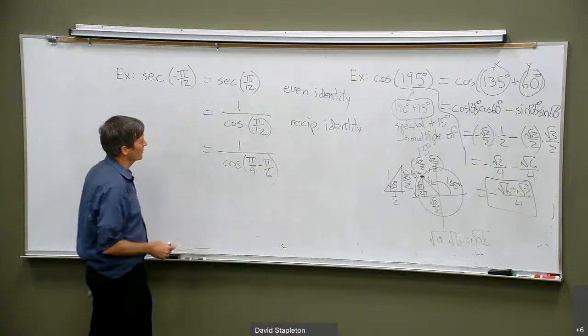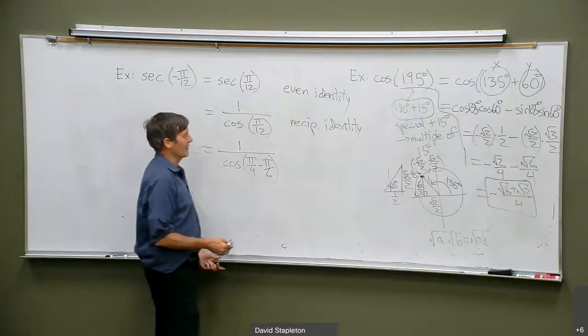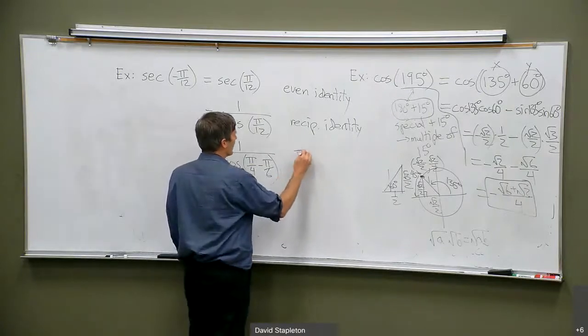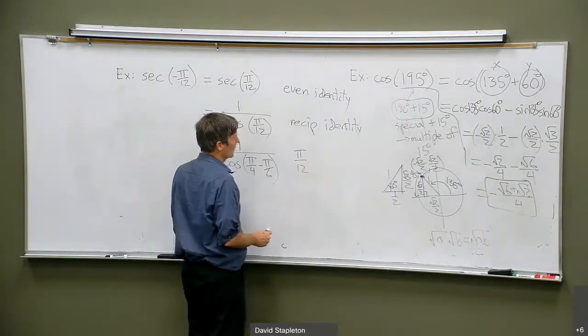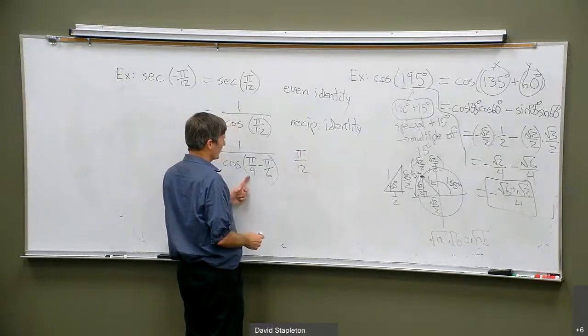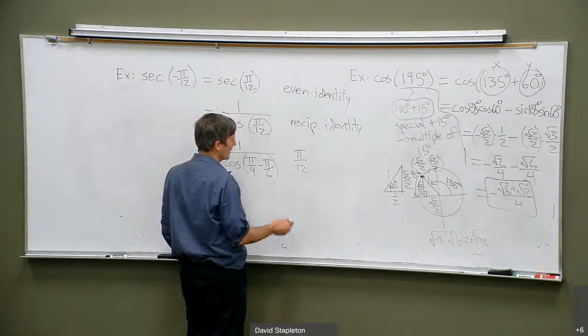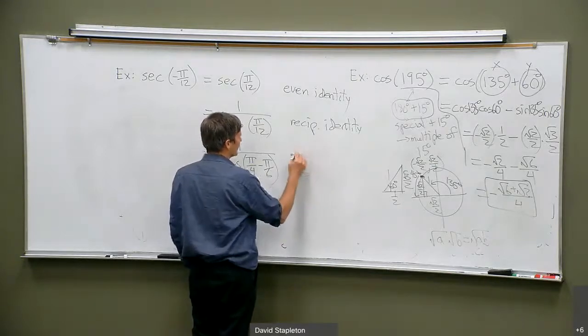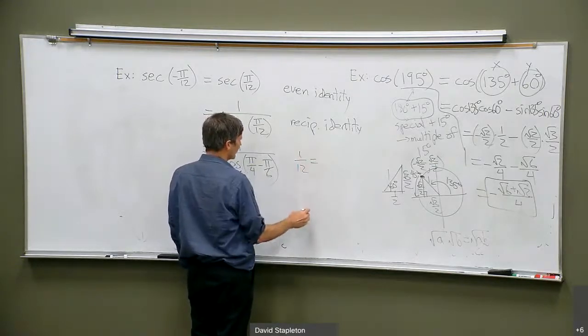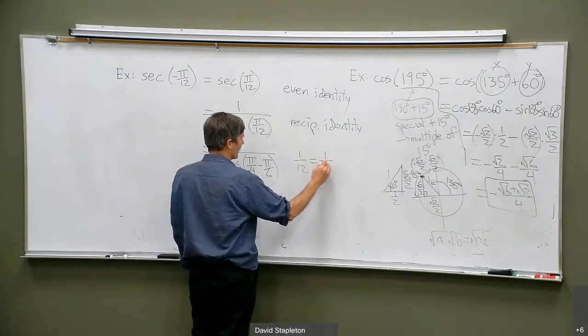I told you practice is important. But basically it's fractions. You say pi over 12, just think of 1/12. How can I write a 12th in terms of fourths and sixths, 30 degrees and 60 degrees? It turns out 1/12 is 1/4 minus 1/6.